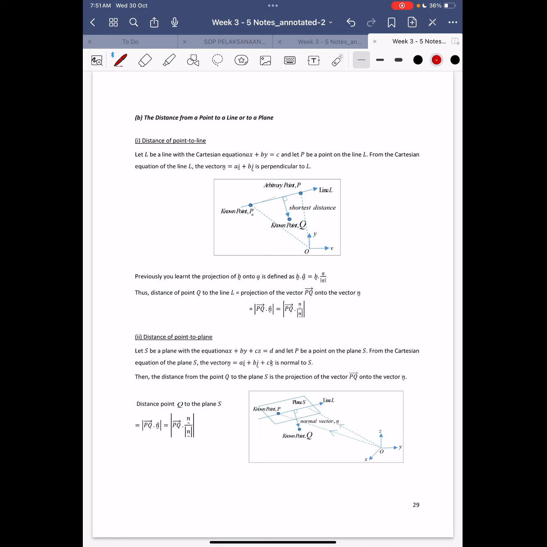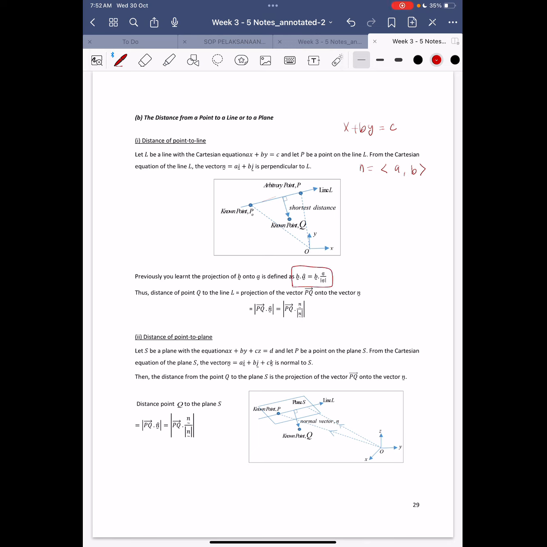We have this line with the Cartesian equation ax plus by equivalent to c, and let P be any point on the line L. The vector N equal to ai plus bj is perpendicular to L. So previously, we learned that the projection of vector B onto A is defined as this.